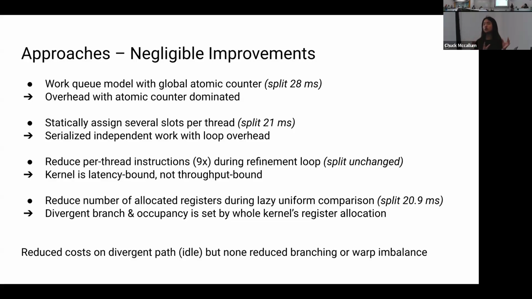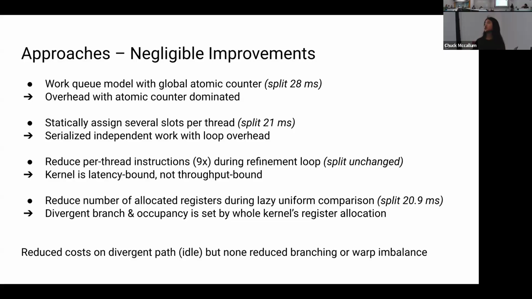The original implementation had around 900 instructions, and that was because so many calls were being made to continue refining, which is adding 4 more bits. And I tried reducing that logic to around 100 instructions, but that led to the kernel time being largely unchanged.